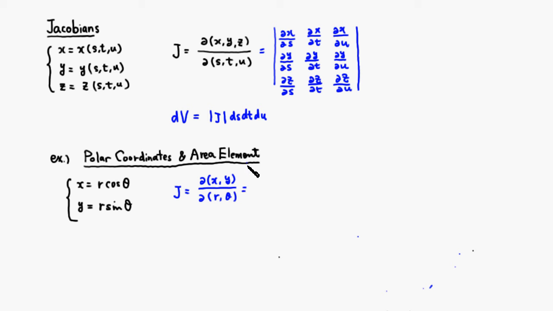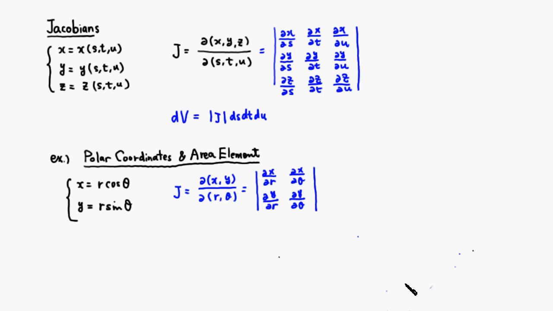So we take the determinant of the partial of x with respect to r, the partial of x with respect to theta, the partial of y with respect to r, and the partial of y with respect to theta. Let's compute that.